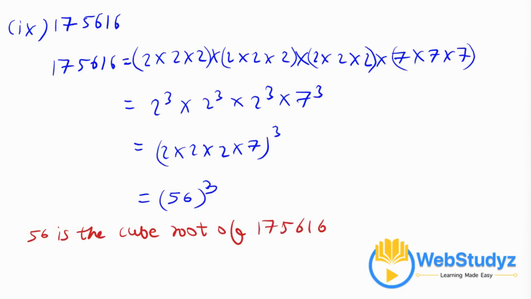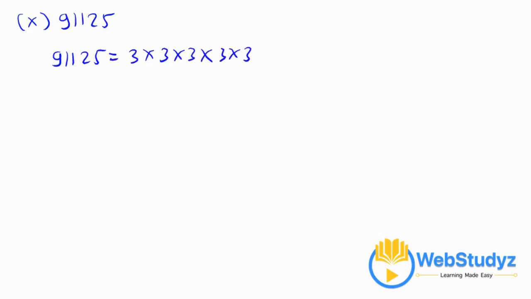Now move on to the 10th, which is 91125. Factors of 91125 are 6 times 3 and 3 times 5.